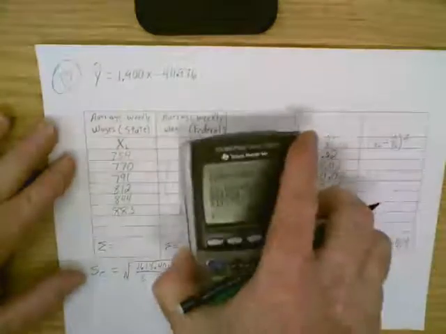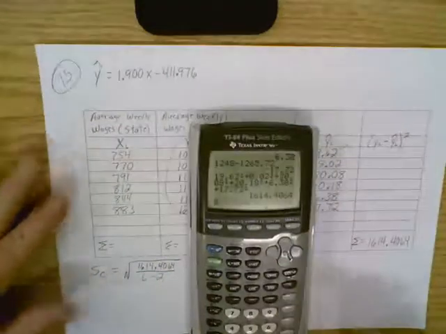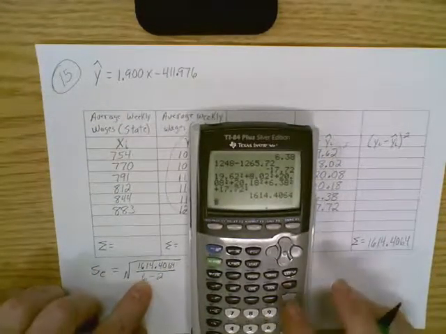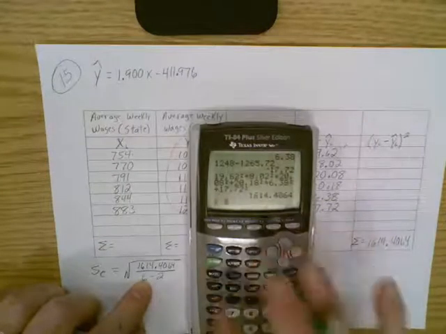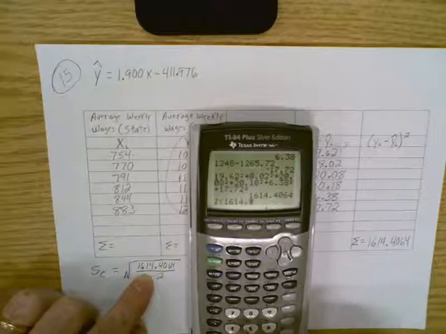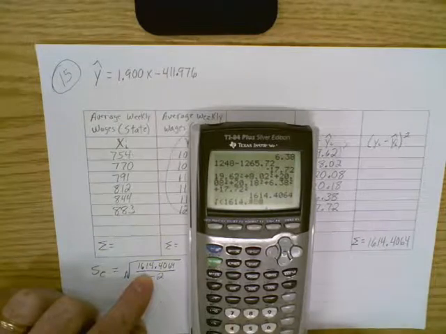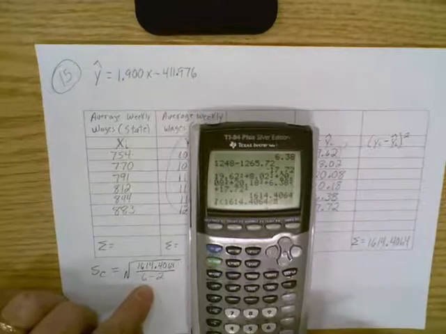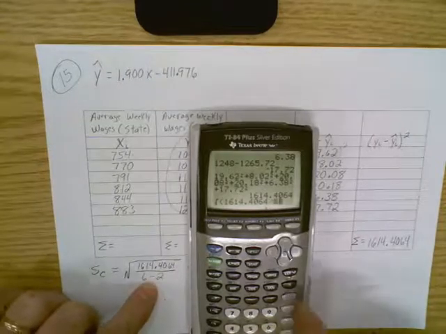And I'm just going to plug that into my calculator. I'm going to hit second, square root, 1614.4064 divided by 6 minus 2, which is just 4.